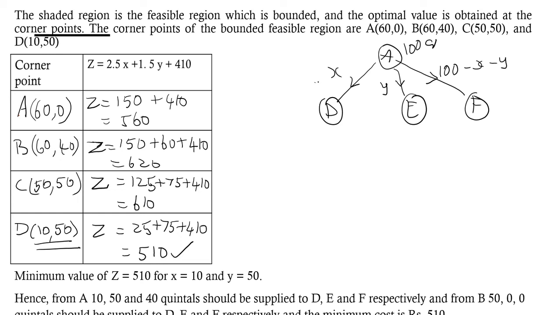X is 10, y is 50. Here 100 minus x minus y is 100 minus 60, it is 40.